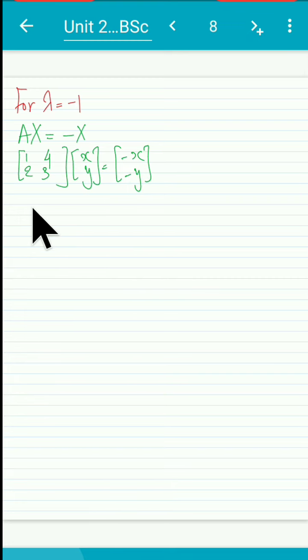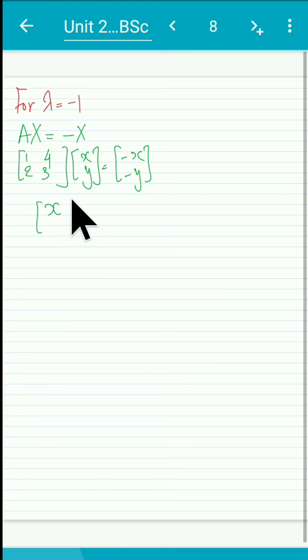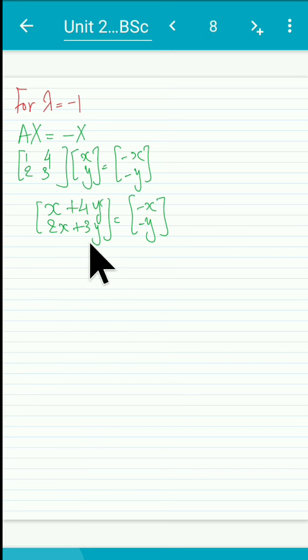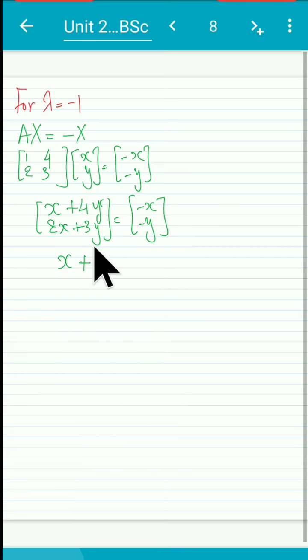So again similarly, it is (x plus 4y, 2x plus 3y) is equal to (minus x, minus y). So equating again we'll get x plus 4y is equal to minus x, and 2x plus 3y is equal to minus y.